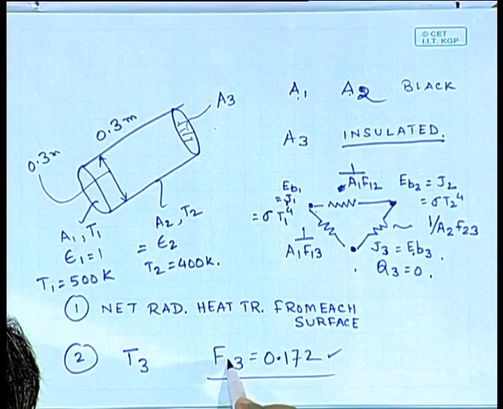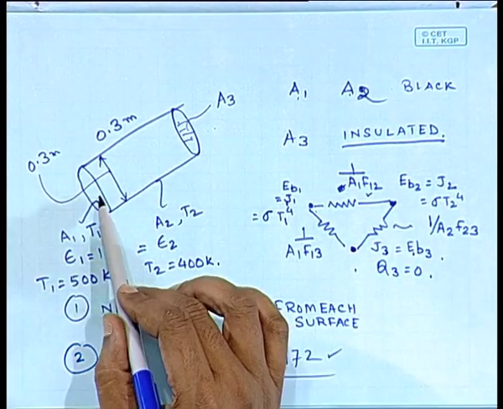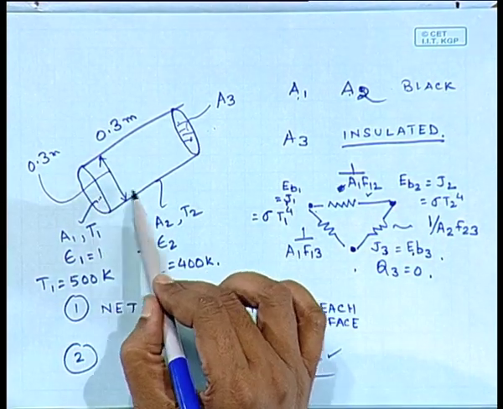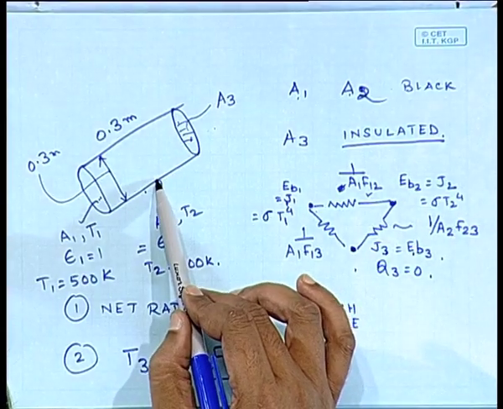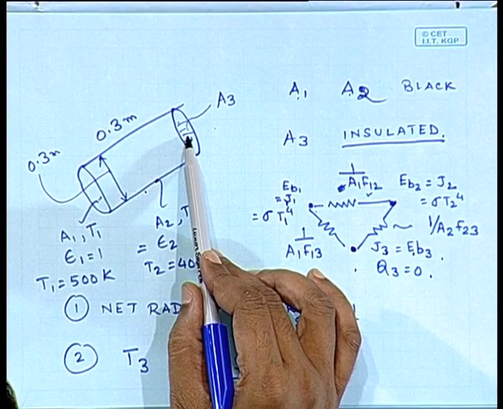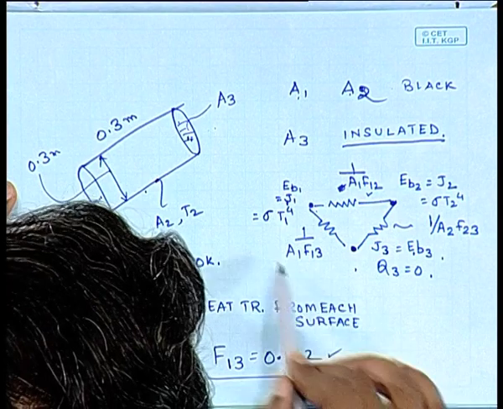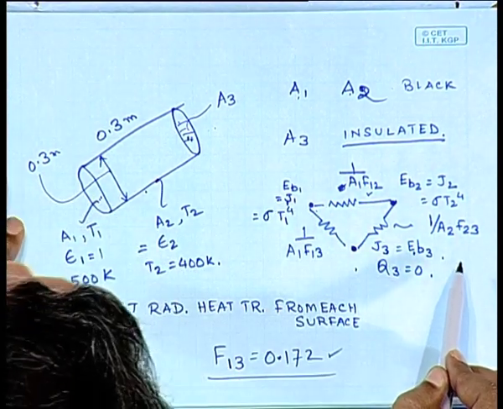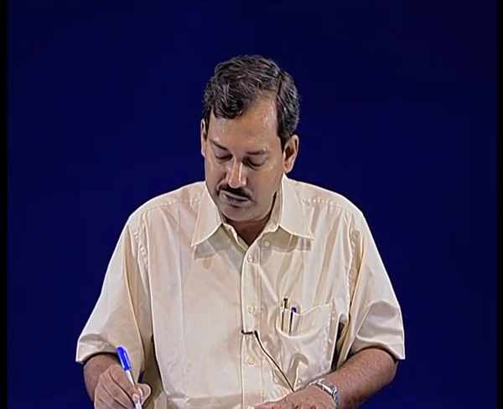Your job would be to find out, from the known value of F13, what F12 is going to be: 1 minus F13, because F11 would be 0. And similarly for 2 to 3, you should be able to evaluate. That part I will leave for you. Now knowing all this, what's going to be your next step? How do you find out the unknown Eb3?